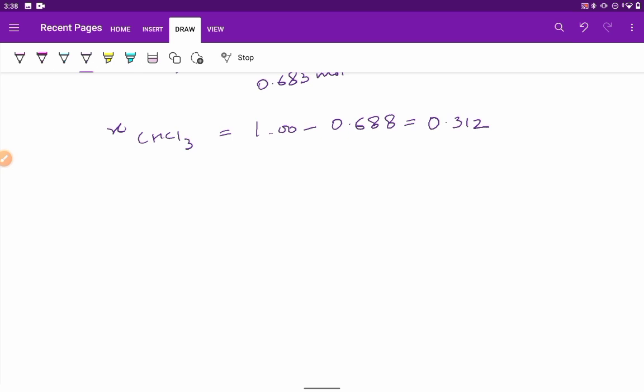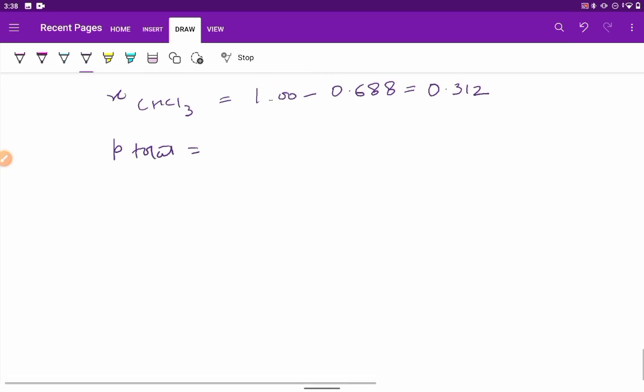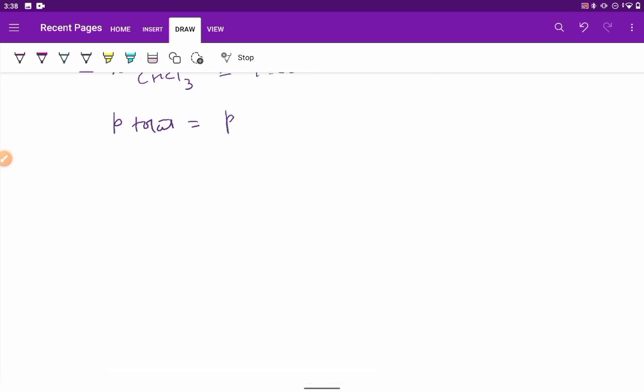Now we know that P total is equal to P1 naught plus P2 naught minus P1 naught into x2.